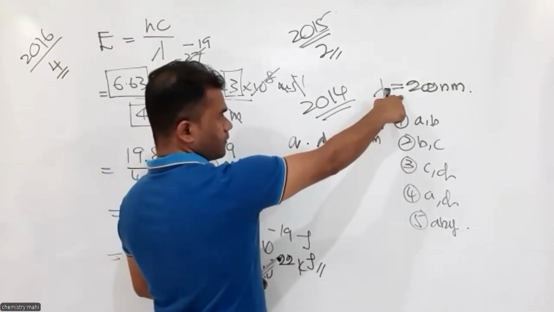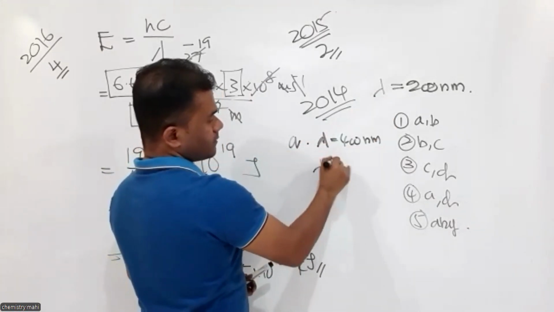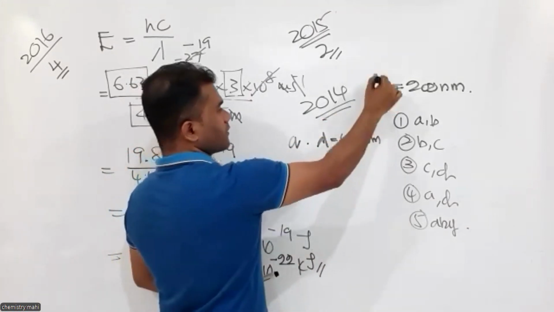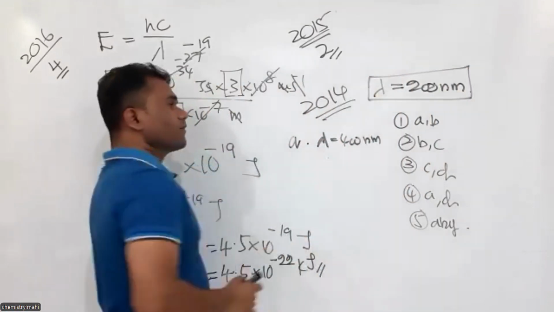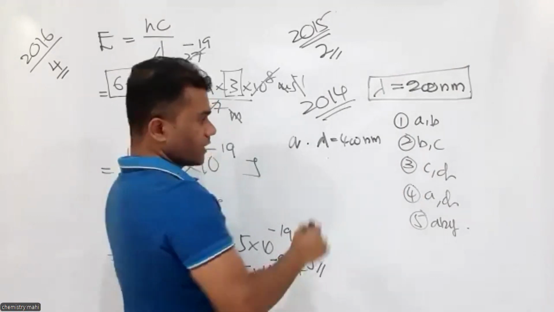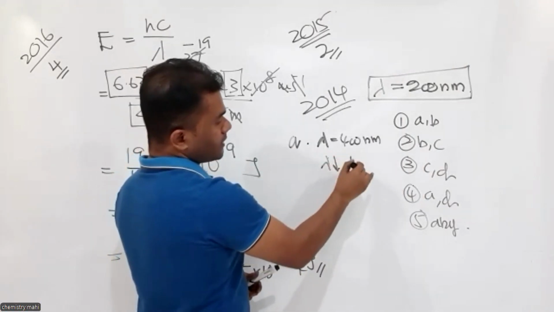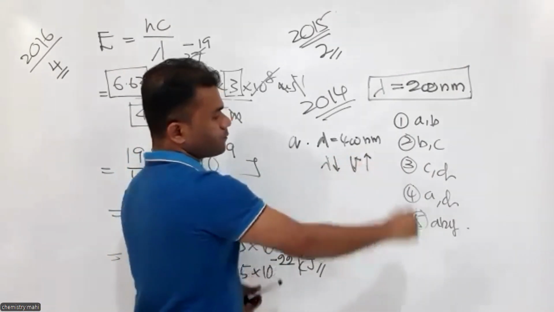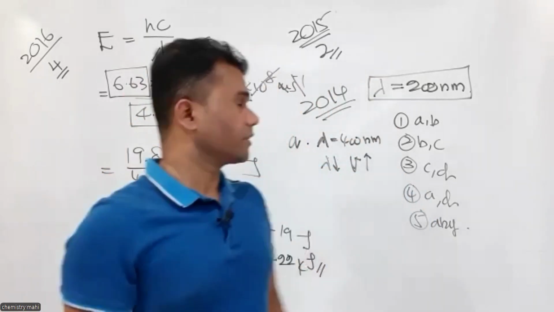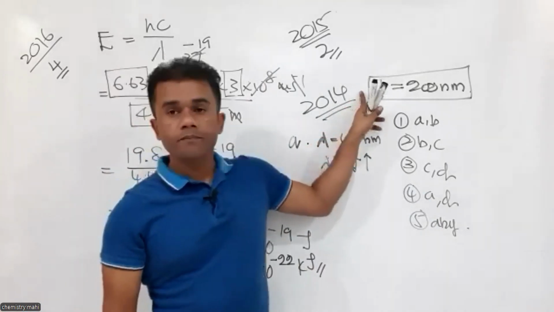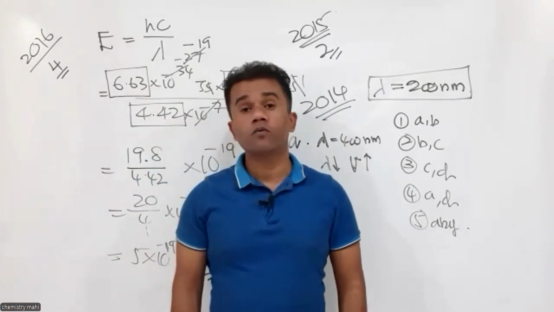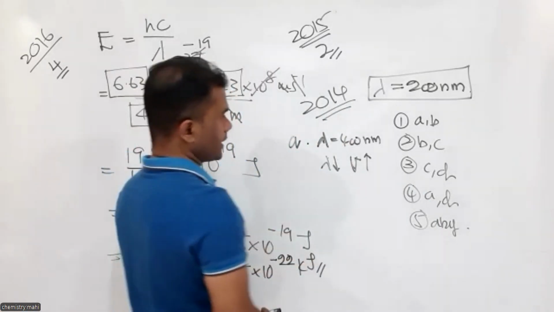What is given is 400, what is asked is 200. So the lambda decreases. When lambda decreases, frequency should increase, because frequency is inversely proportional to the wavelength. We have done that one in unit 1. So therefore, this should have higher frequency. It has higher frequency. A is correct.